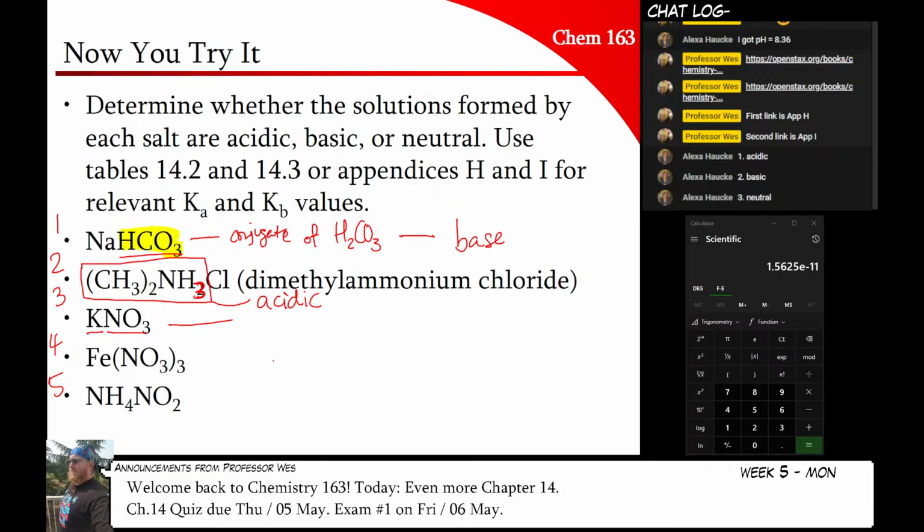Neither of these components contributes to the pH. Potassium is a +1 ion, so it doesn't contribute anything. Nitrate is the conjugate of nitric acid, which is a strong acid. Therefore, nitrate itself is neutral. This right here has a +3 charge, so that means this solution would be acidic.